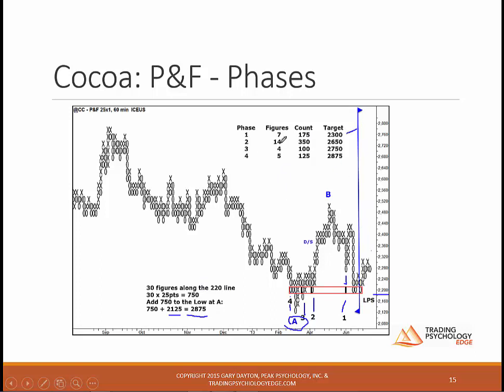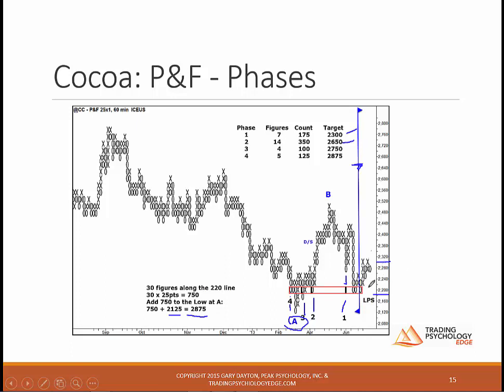Phase 2 has another 14 figures. We do the same kind of math. We count the figures, multiply it by 25, and that gives us the move up to 2650, which is about here. Now notice we're already above 2300. We've already gone through phase 1, and we haven't even started the move yet.